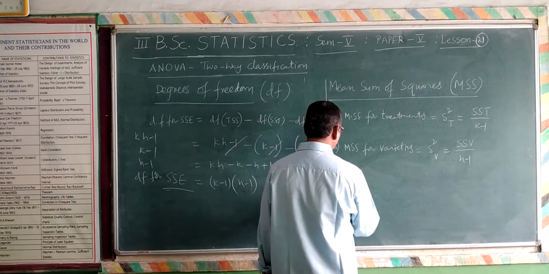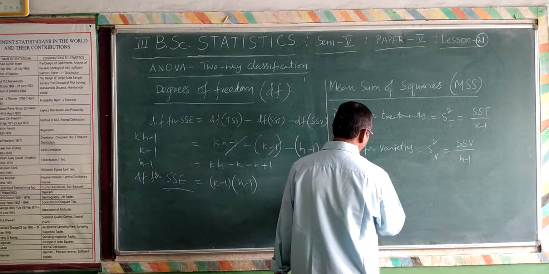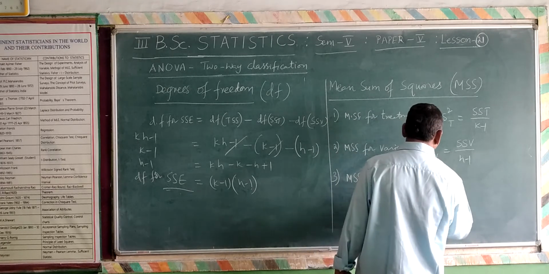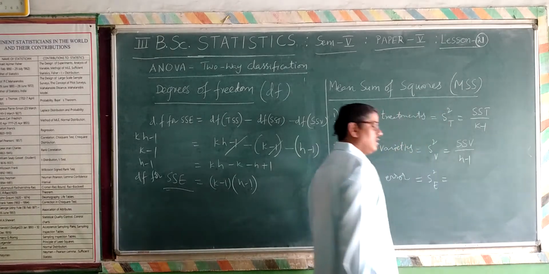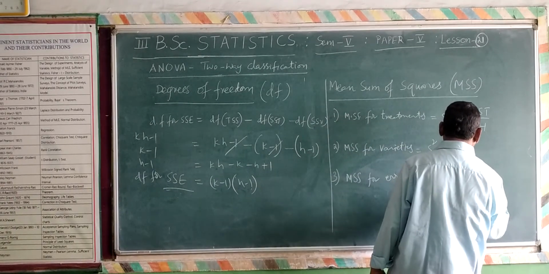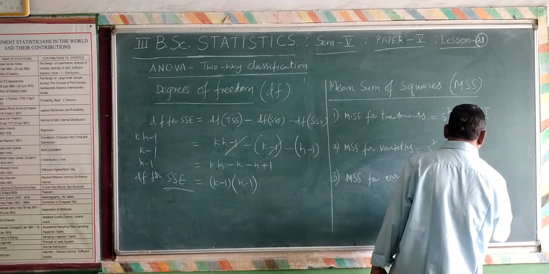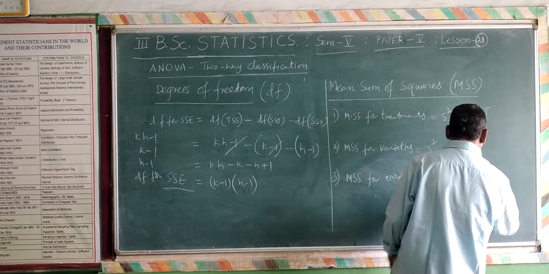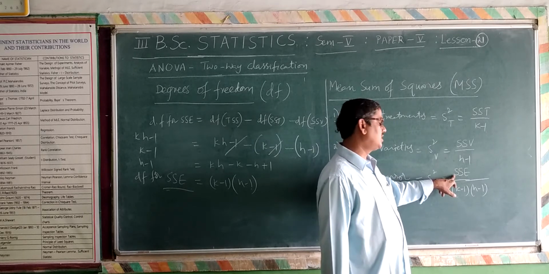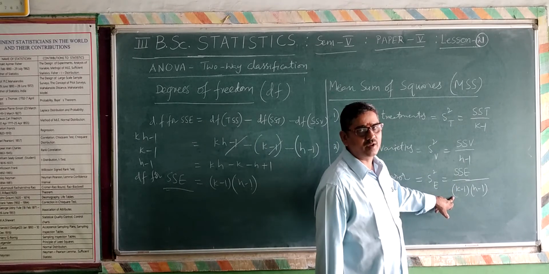And the third one is the mean sum of squares for error. It is considered as S square E, for which the formula is SSE divided by k minus 1 into h minus 1, since the sum of squares is SSE and its degrees of freedom is k minus 1 and h minus 1.